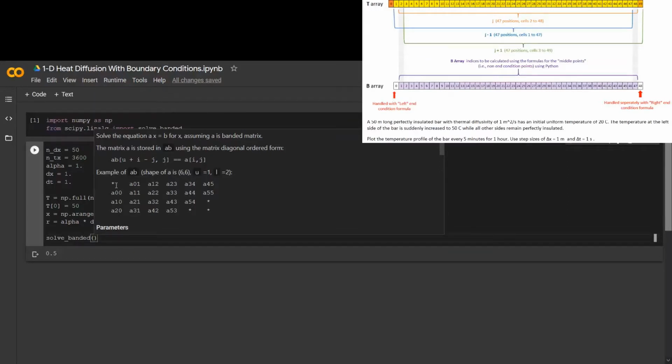And in order to maintain a valid shape, if the length of any of those diagonals is less than the main diagonal, you fill those extra points with zeros, right?